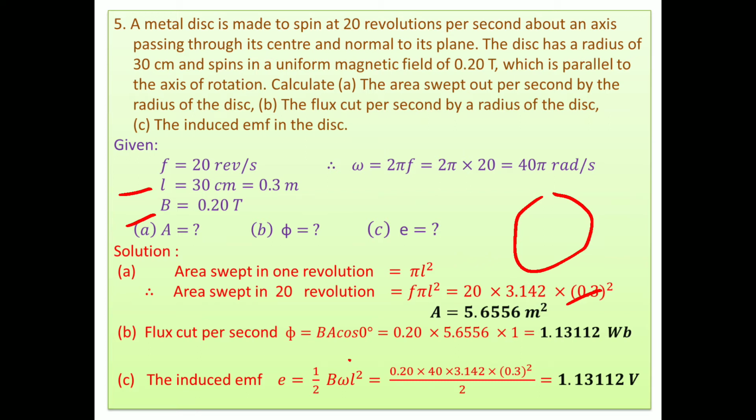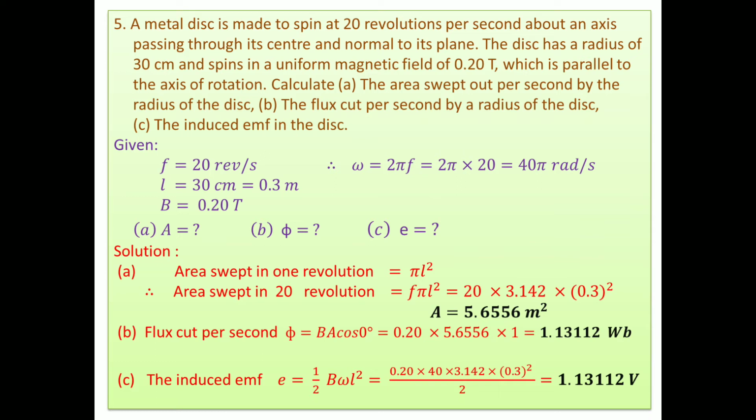And thereafter, third thing asks the induced EMF in the disk. As area is swept, the flux changes, that's why EMF is induced. Induced EMF in disk, we know the formula half B omega L square. Magnetic induction is taken as 0.20. Omega means it is 2 pi f.